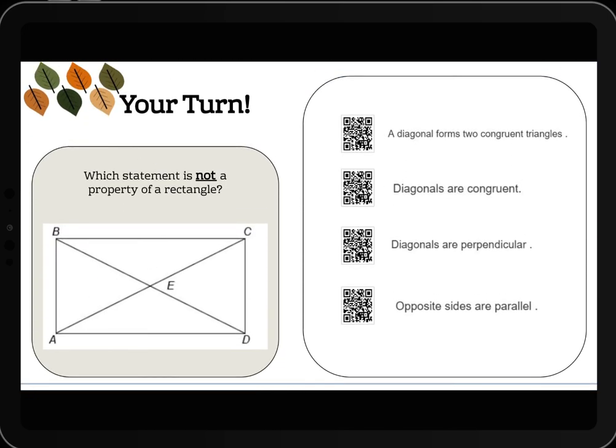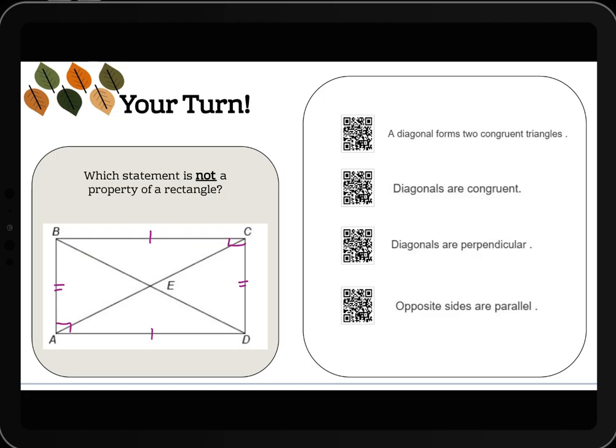So, which statement is not a property of a rectangle? A diagonal forms 2 congruent triangles. Diagonals are congruent. Diagonals are perpendicular, and opposite sides are parallel. What's interesting here is that when you're exploring the first option, forms 2 congruent triangles, in this particular case, we know the opposite sides are congruent, and we also know that you have a right angle here and a right angle there.